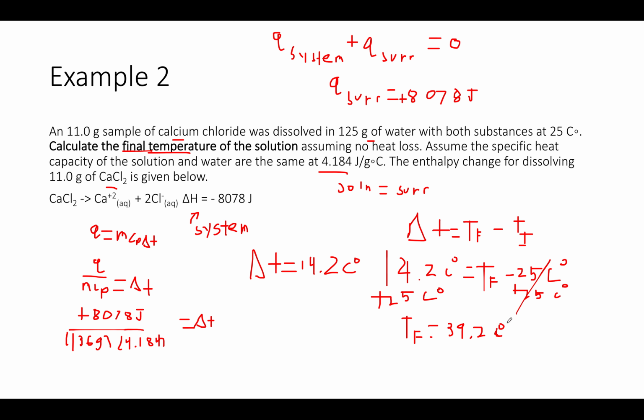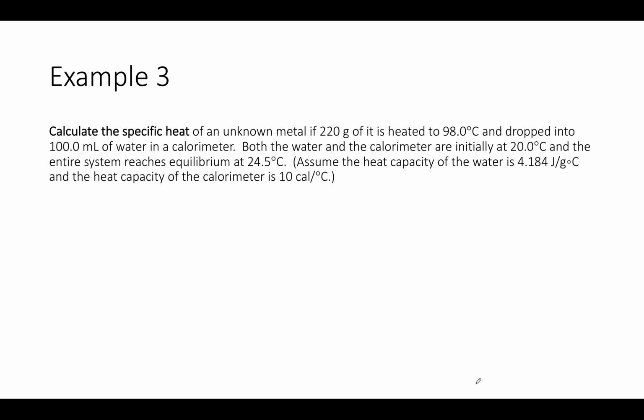And that is our final answer, the final temperature. You know that it's correct because the final temperature, 39.2, minus the initial 25 gives us the 14.2. Okay, that was good. Let's see another example.